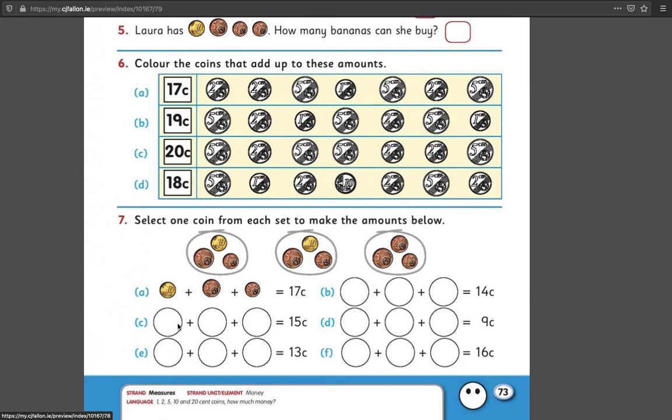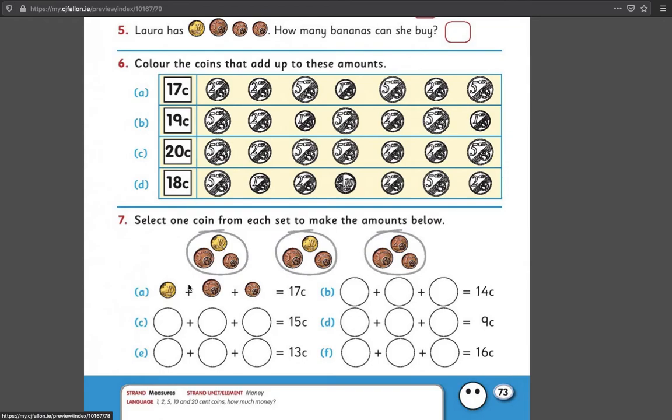Okay, so to make 15 cent, let's try 5 over here. Let's take the 5, a 5, and another 5. 5, 10, 15 cent. So you're basically just taking one coin from each set to make the amounts that you have there. And if you make an incorrect one, like for example with this one, that's 5, 5, and 5 to make 15.